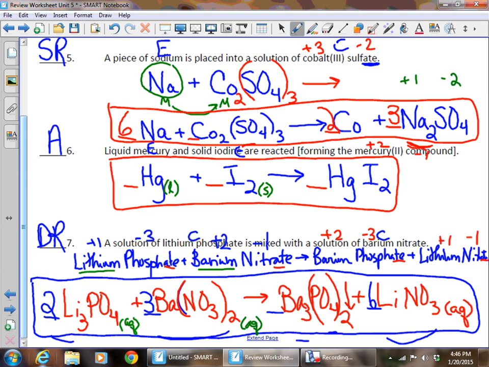And all ionic compounds, if they're not soluble and they're not in water, are going to be solids. So down arrow for HgI2. It's an ionic compound. Sodium, if you look at a periodic table that has color, all of the black ones are solid.